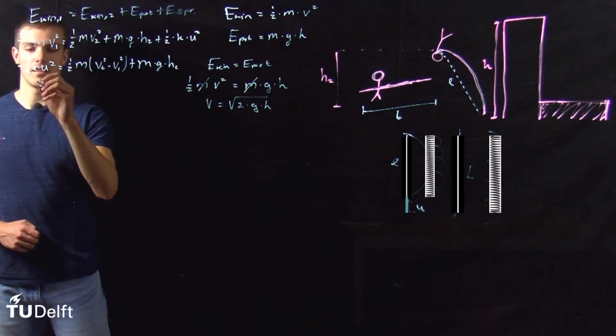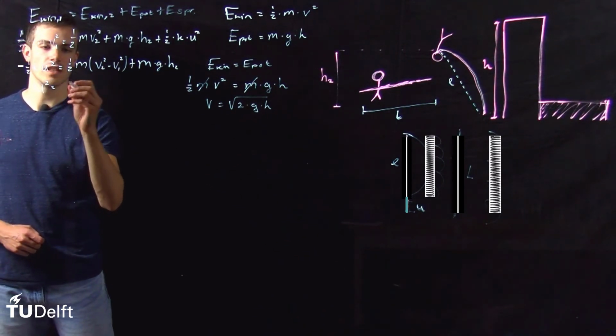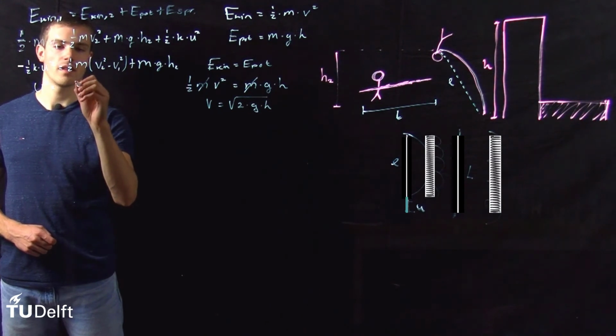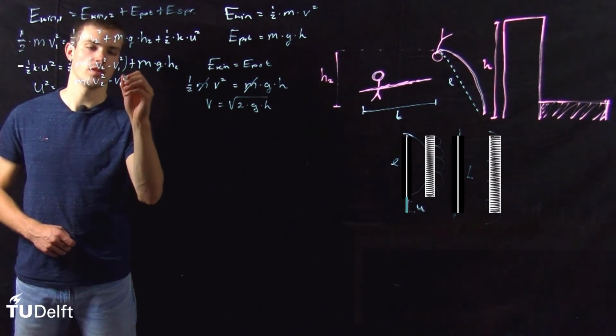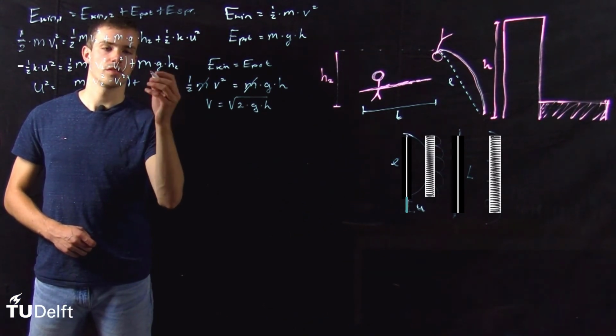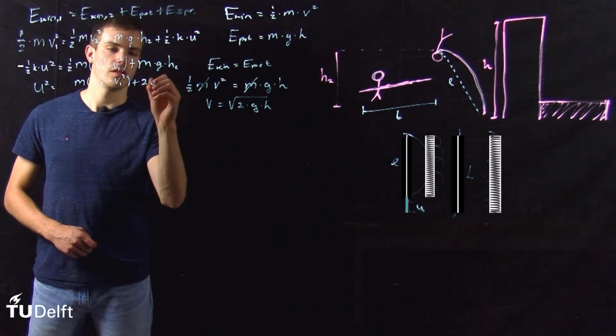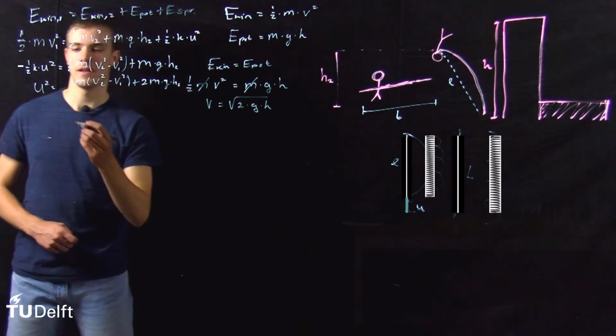Now to make it good, u squared is equal to m times (v2 squared minus v1 squared) plus 2m times g times h2, divided by k.